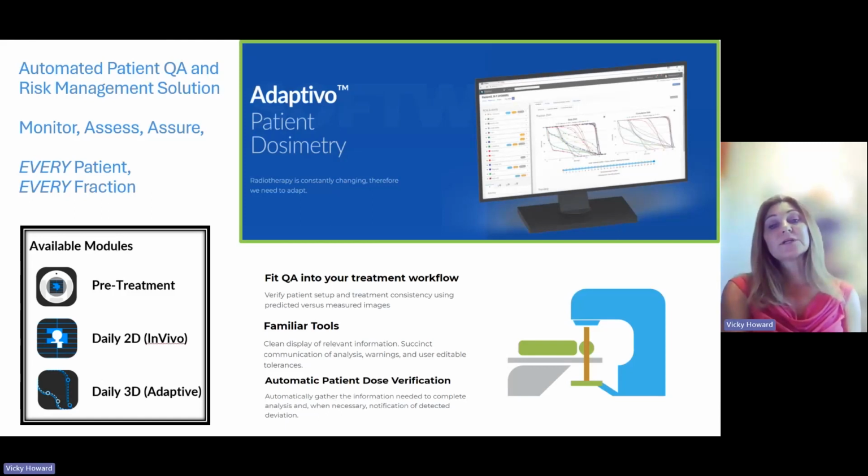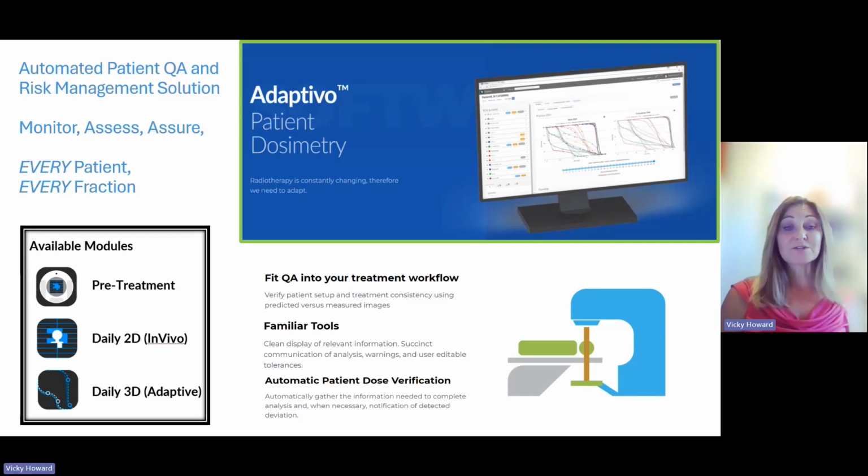So Adaptivo is a patient dosimetry solution developed by Standard Imaging that uses your existing EPID technology to its full potential. This solution offers automated patient QA and risk management tools that monitor, assess, and assure quality of care for each fraction of a patient's treatment course. The tools are designed to be easy to use and can be seamlessly integrated into any clinical workflow.